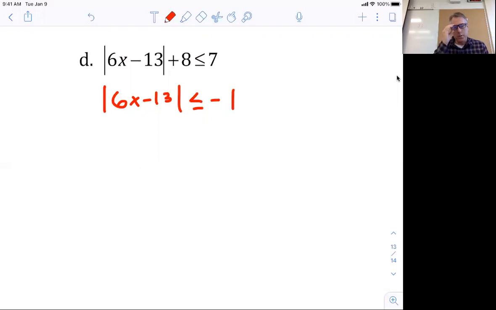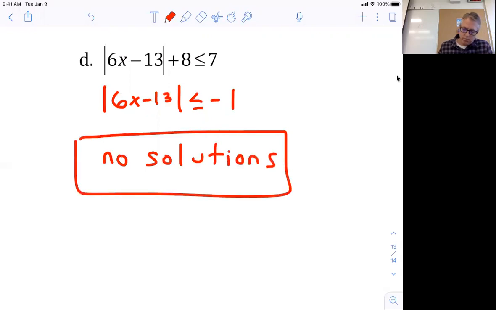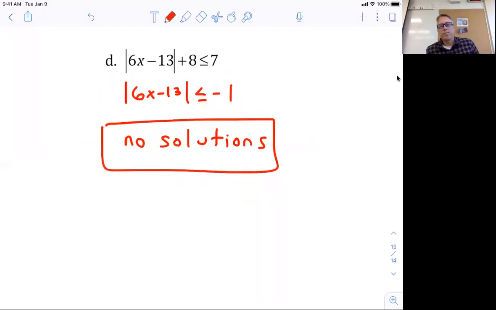That is impossible. Therefore, there's no solutions to that one. And again, there's no solutions because you can't have a distance less than -1.